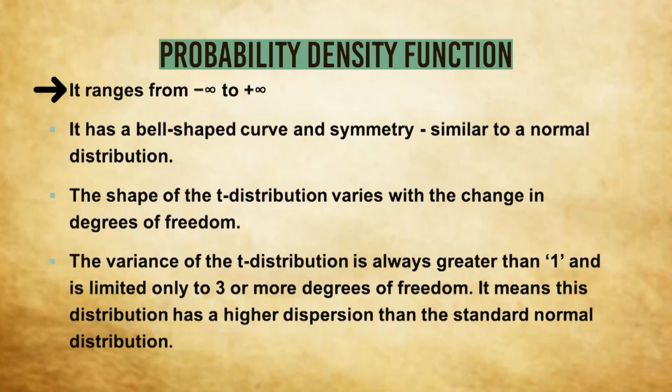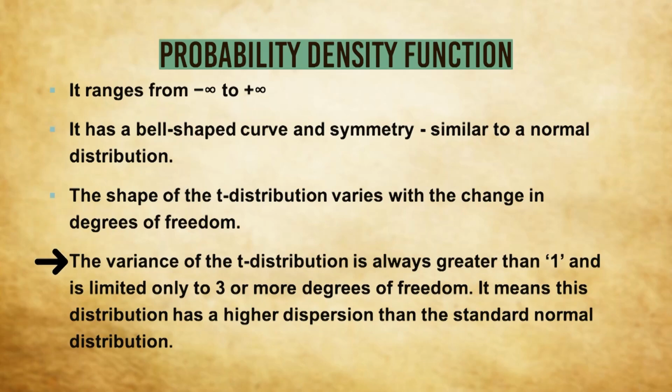Let us now discuss some properties of the T distribution. As we have already mentioned, it ranges from minus infinity to infinity. It has a bell-shaped curve and is symmetric. So it is a curve similar to a normal distribution, and it has to be understood that the shape of the curve changes with the degrees of freedom of the T distribution.